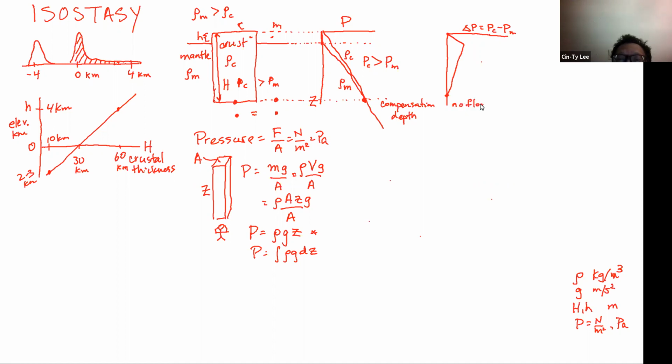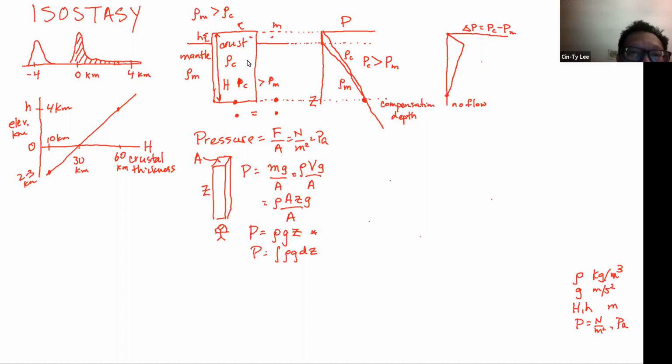Okay, I'll show you an isostatic equilibrium. Above the compensation depth, there is a lateral pressure gradient, which actually will cause the continental crust to flow outwards.